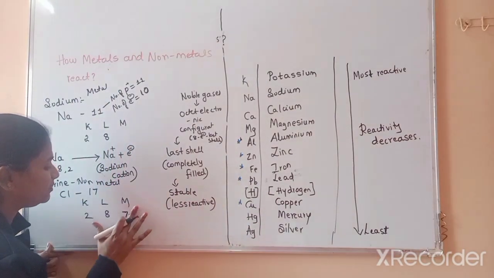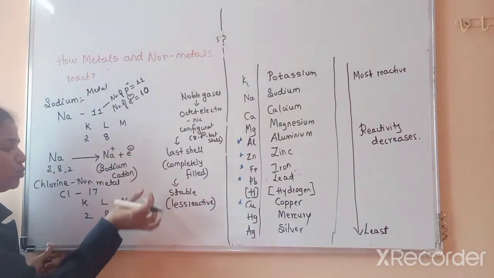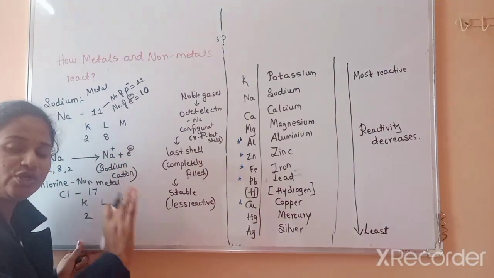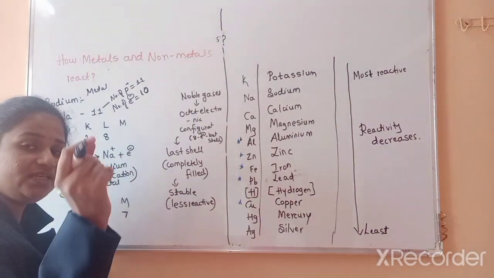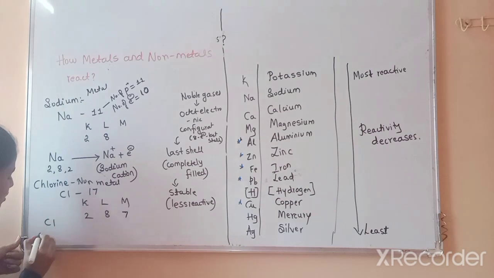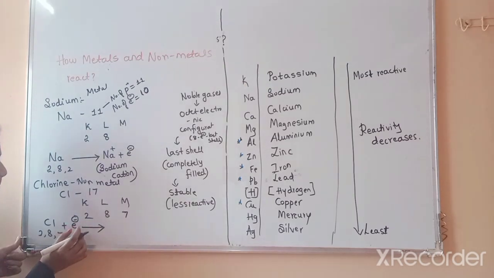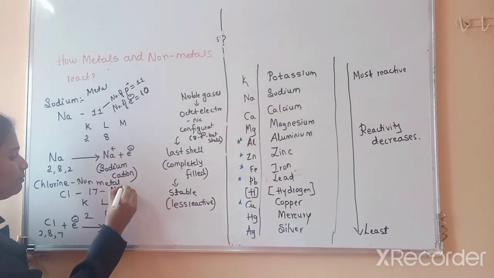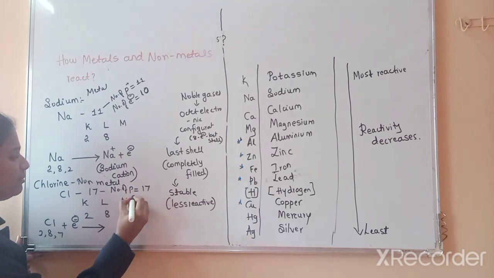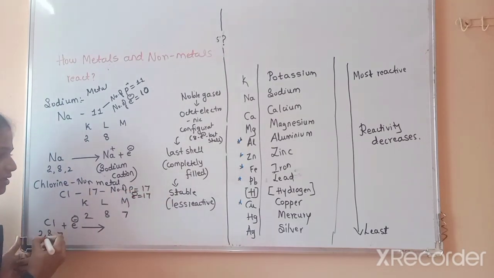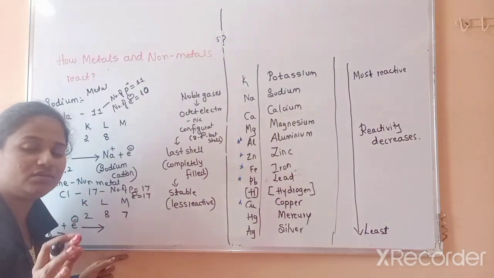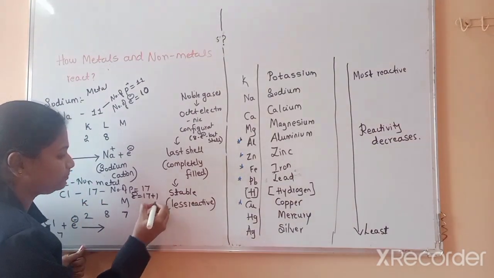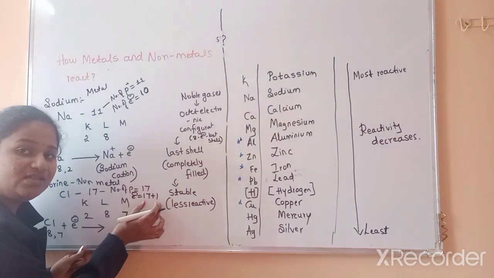Now sodium doesn't want 1 electron, and chlorine needs 1 electron. Chlorine is 2, 8, 7, so it wants 1 electron. In chlorine, the number of protons is 17 and the number of electrons is 17. It wants one more electron, which means the number of negative particles increases.